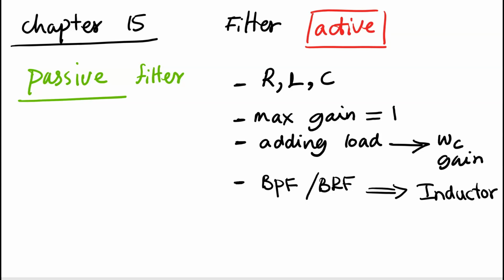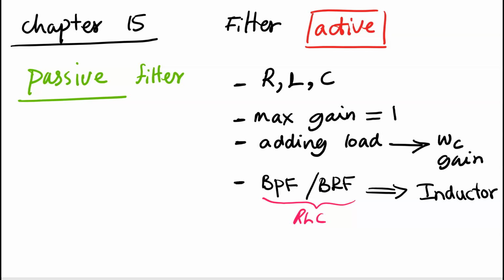You know that for these two types of filters, you need to have an RLC circuit. So it's impossible to avoid inductor, which is heavy, large, costly, and it introduces electromagnetic field. So it's not really convenient to have inductor in the circuit, but if you want to make a passive band pass or band reject filter, it's impossible to avoid inductor, which is not the case in active filter.